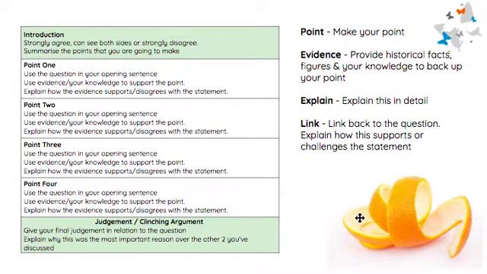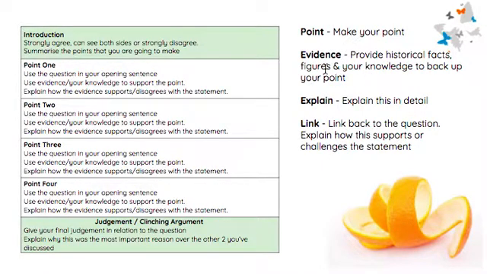Okay, so when we were looking at sources, we talked about PEEing at sources. When you're doing a how far do you agree question, a great structure to use is point, evidence, explain, link, PEEL, which is why I've got this orange peel here to remind you. Now I know you do this in English, so some of you might be aware of this process anyway.